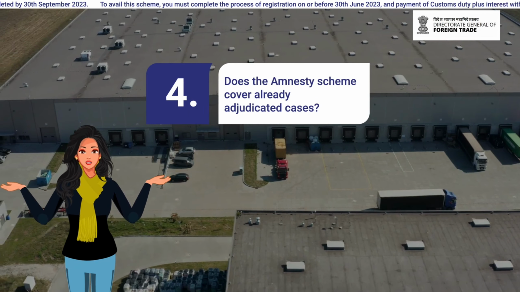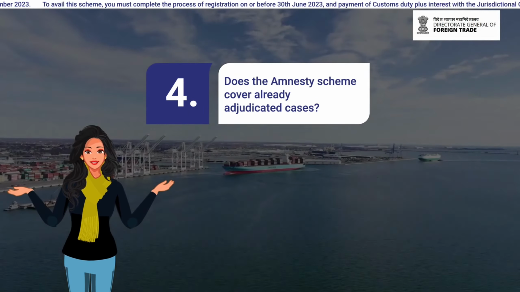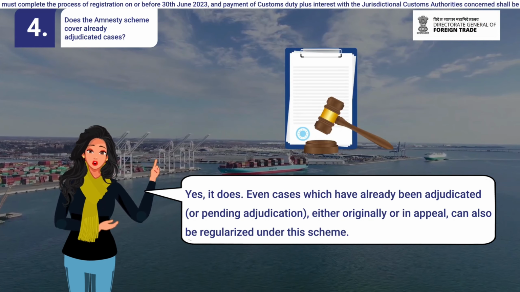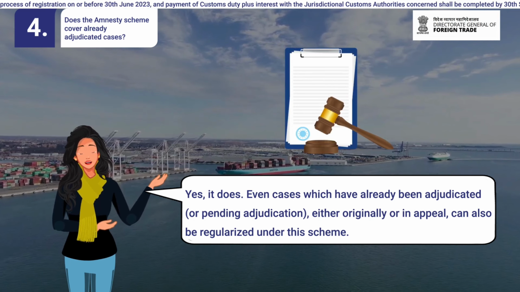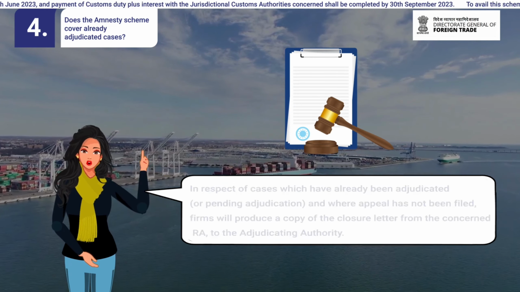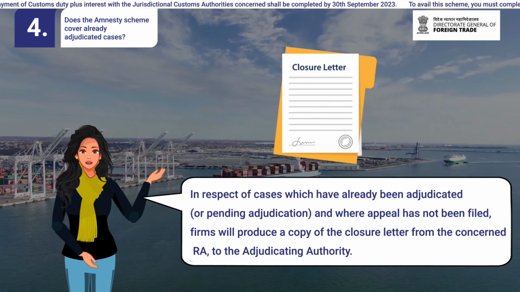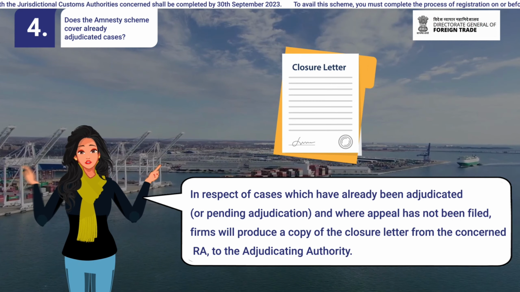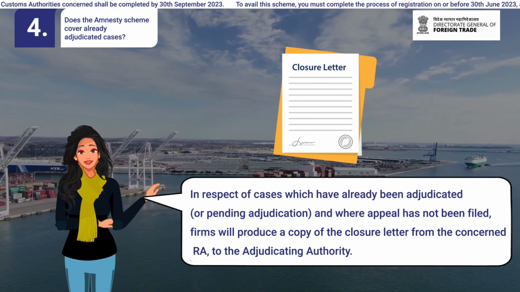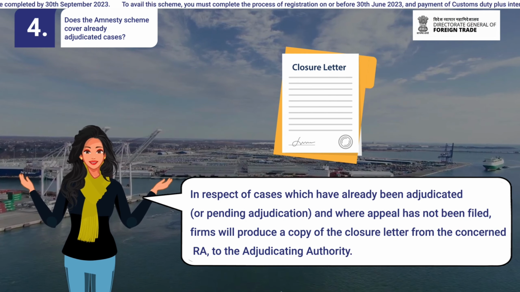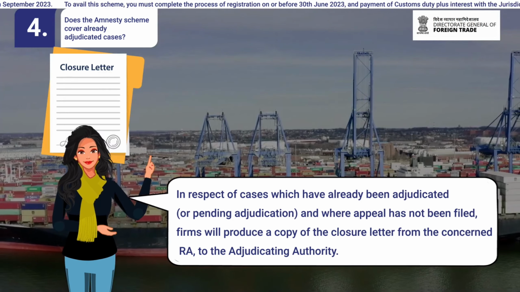Does the amnesty scheme cover already adjudicated cases? Yes, it does. Even the cases which have been already adjudicated or pending adjudication, either originally or in appeal, can also be regularized under this scheme. In respect of cases which have been already adjudicated or pending adjudication and where the appeal has not been filed, the firm can produce a copy of the closure letter from the concerned RA to the adjudicating authority.